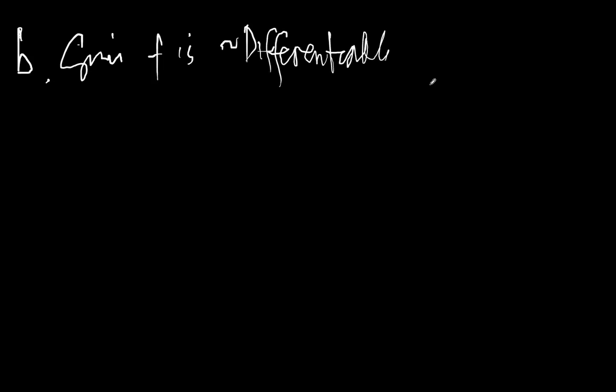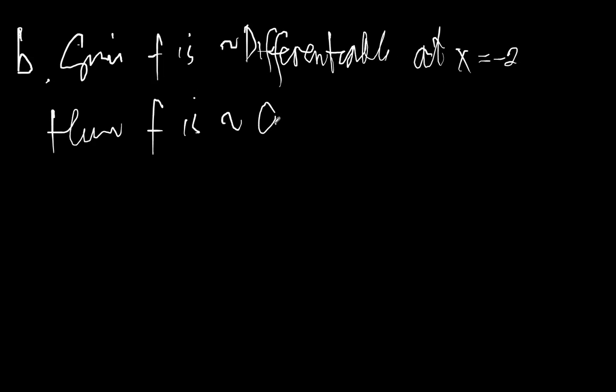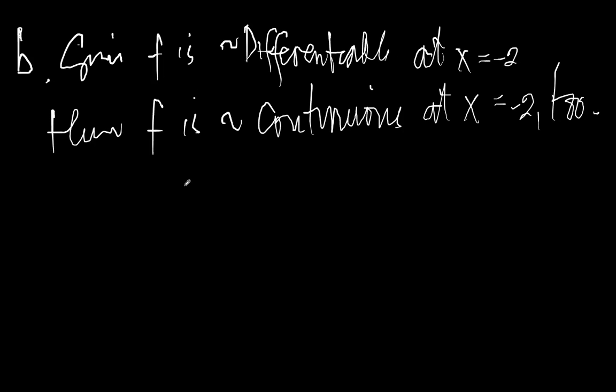So letter B, you can just state your reason, since the function is not differentiable anymore by the theorem that states that, or we could just say since f is not differentiable at x is equal to -2, then f is not continuous at x is equal to -2 by the, sorry, not differentiable. Wait. So continuity, differentiability.